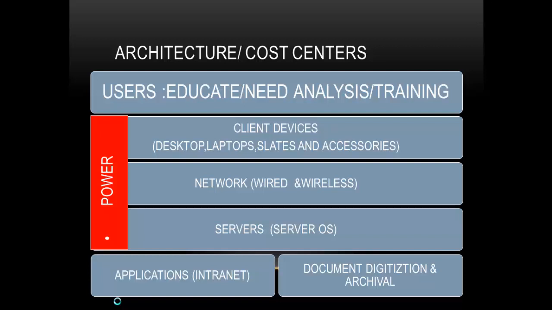Our applications do not necessarily require the internet to function, because you have a network, like an intranet, so everything works within it. But it would be nice to have internet at some point in time, and then we have to do document digitization and archival. Again, this also is a critical process that we must bear in mind.